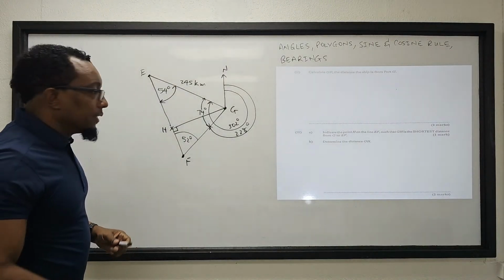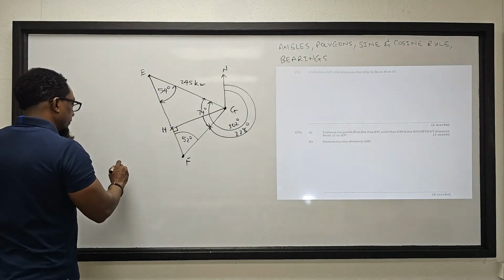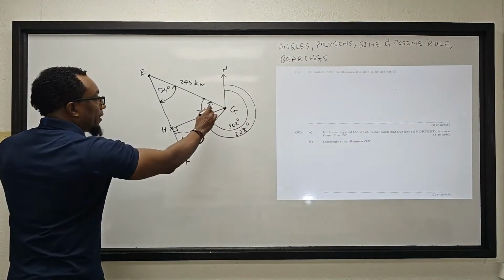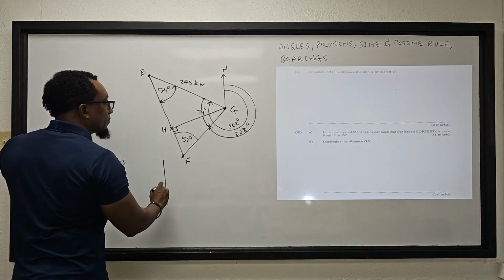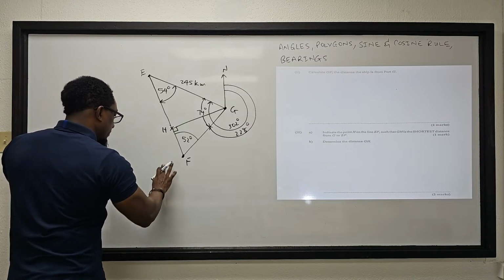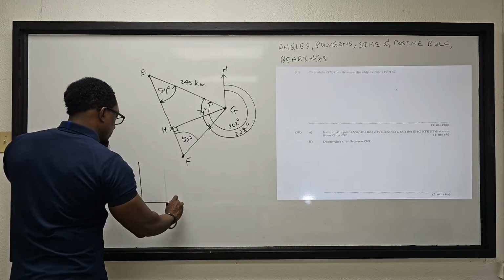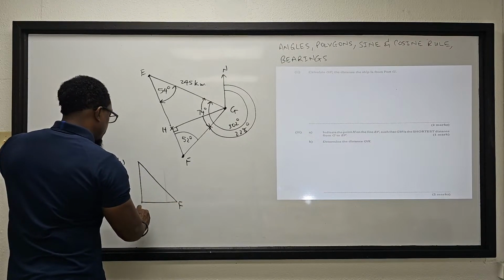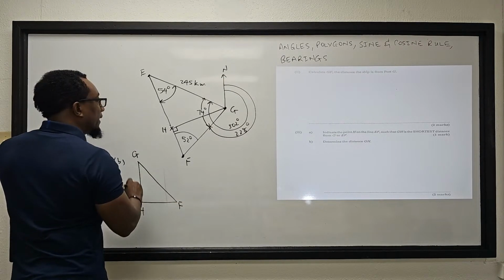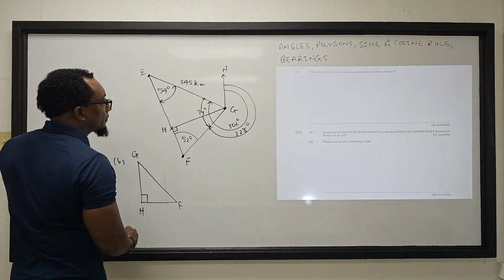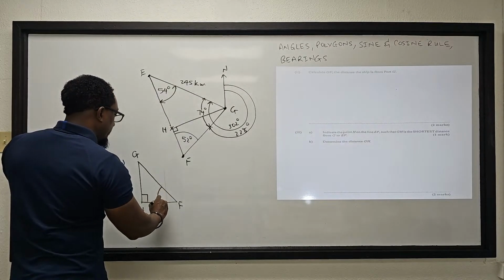So therefore, part B, GH, I'm going to pull out this triangle. So this is F, this is H, that is G, this is my right angle, this is 52 degrees.